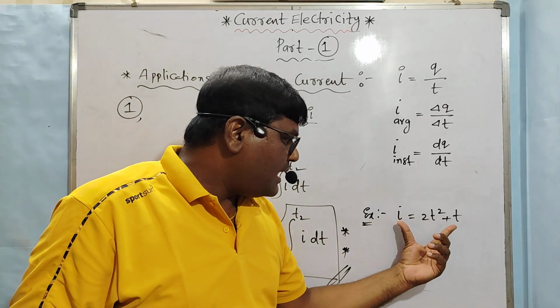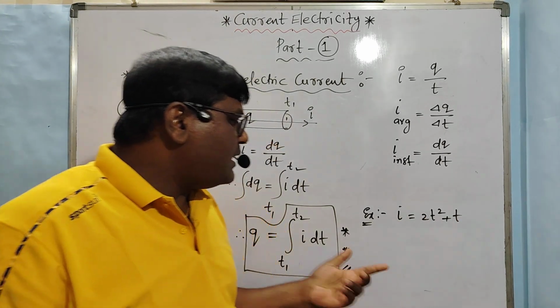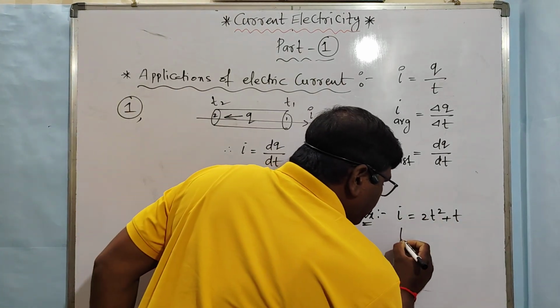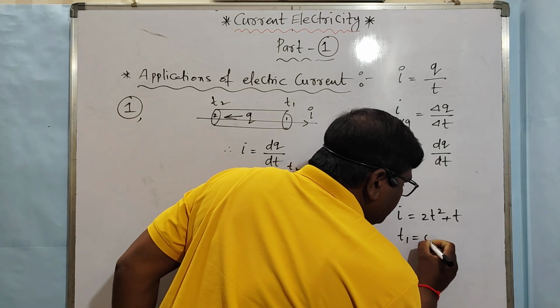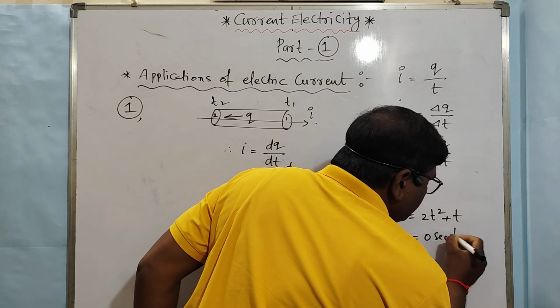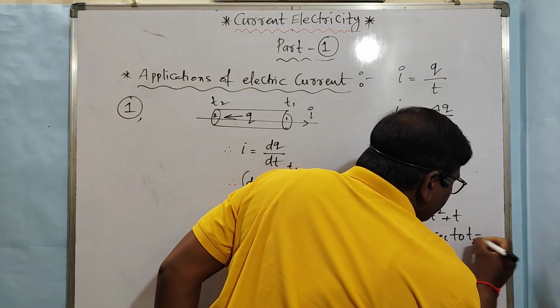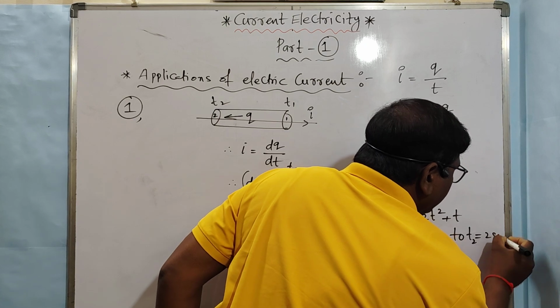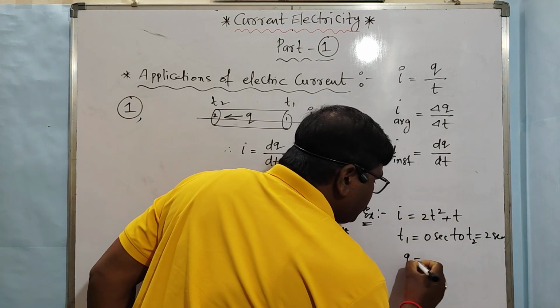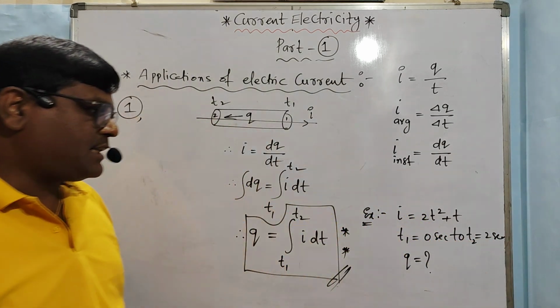If it is given like this, then they will ask, from t1 equal to 0 seconds to t2 equal to 2 seconds, how much charge is flowing through that conductor?